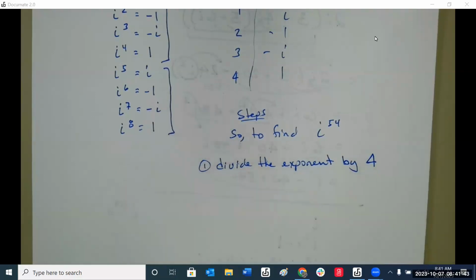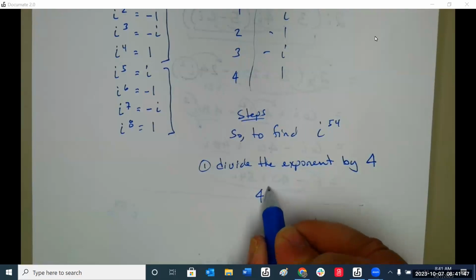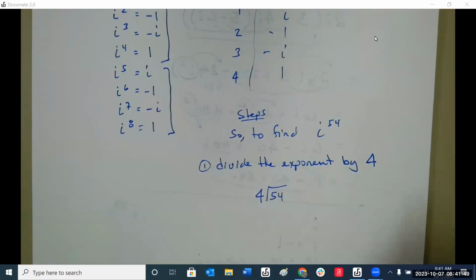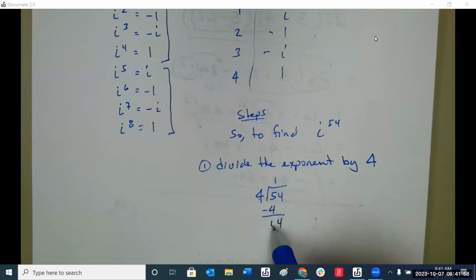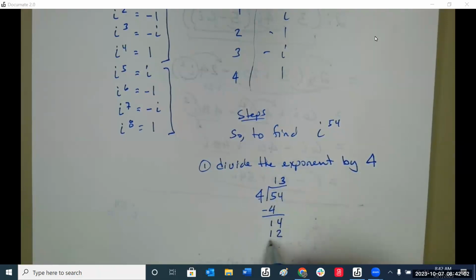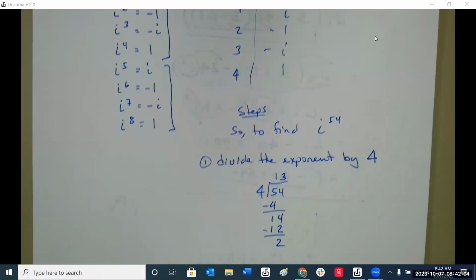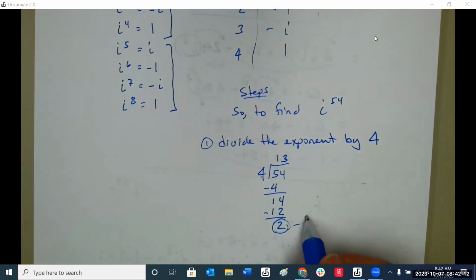Because they go in groups of 4. So 4 goes into 54 how many times? 4 goes into 5 once. 4 goes into 14 3 times. 4 times 3 is 12. This is the number we're looking at. This is the remainder.